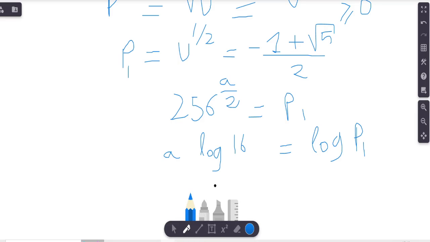Therefore, a equals log P1 divided by log 16.